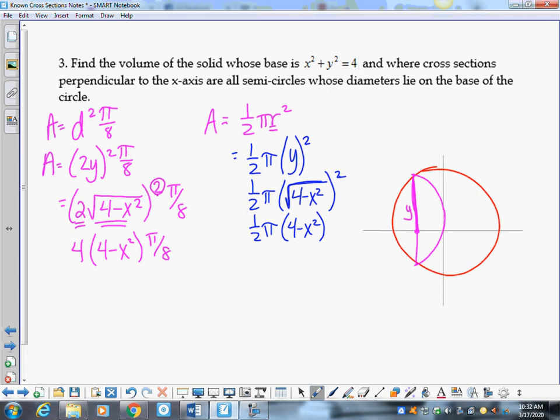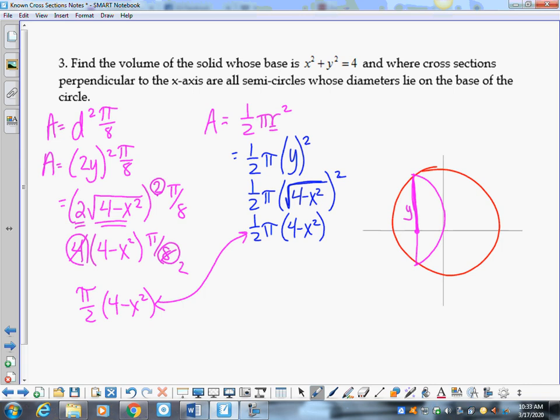Then you could distribute the 4, or I could reduce the 4 and the 8, and then I have pi over 2, 4 minus x squared, which is exactly the same. Now, in my opinion, the 1/2 pi r squared is easier, but it's just easier by like 2 steps, so it's nothing drastic. So when you're doing your homework, you figure out which way works best for you.